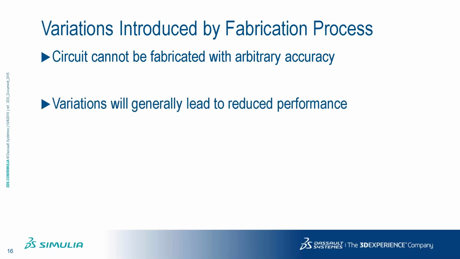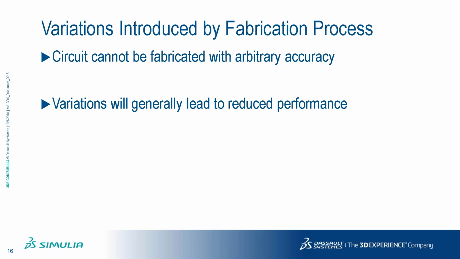Instead, you will have variations just due to the way it was created, and typically because you designed your optimal circuit, as soon as you deviate from the optimal combination, you will obviously see some reduced performance.